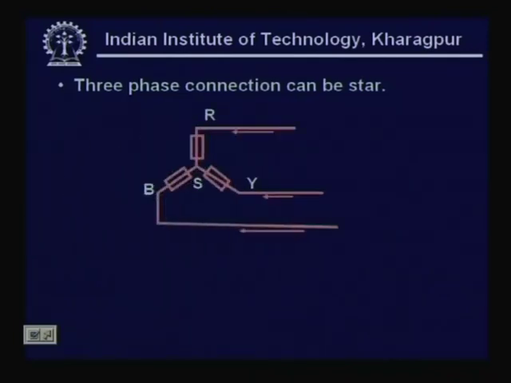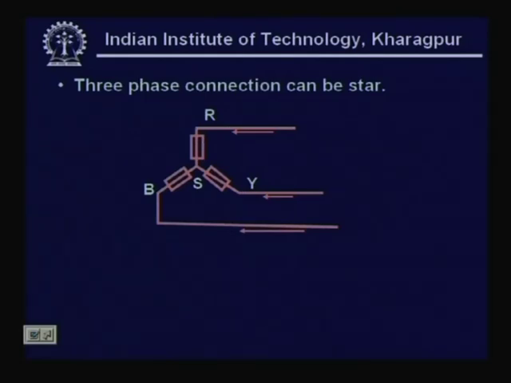The other connection, apart from delta, could be a star. The star connection is shown here, and the junction point is what we call the star point. Remember the three sources we had in a three-phase generation. Say I connect all the three starts or all the three finishes together, then there is no harm and I can use just three lines.